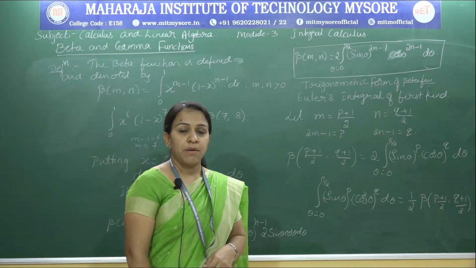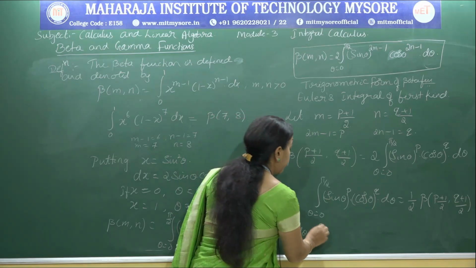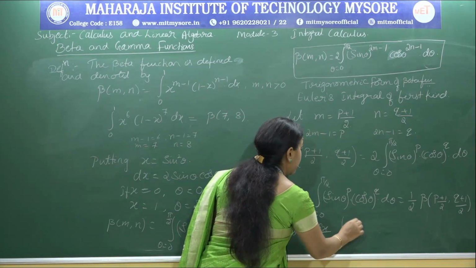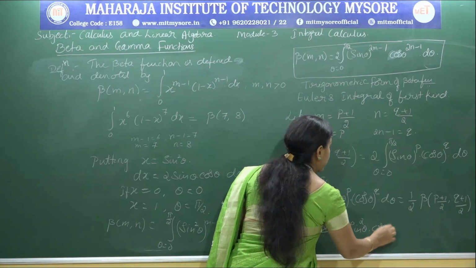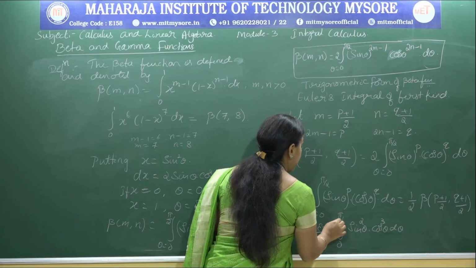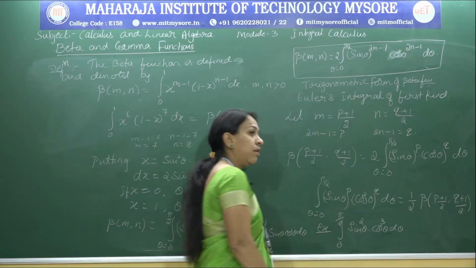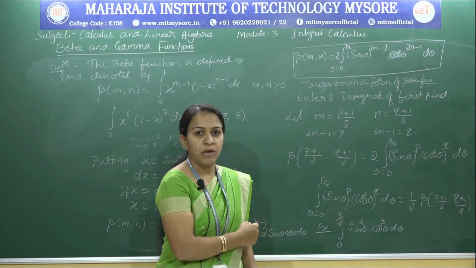Now let me give an example which can be solved using a beta function. For example, we have an integral of sin theta to the power of 2 into cos theta to the power of 3 d theta, between the limits 0 to pi by 2. Of course, the limit must be between 0 to pi by 2, then only you can use this formula.